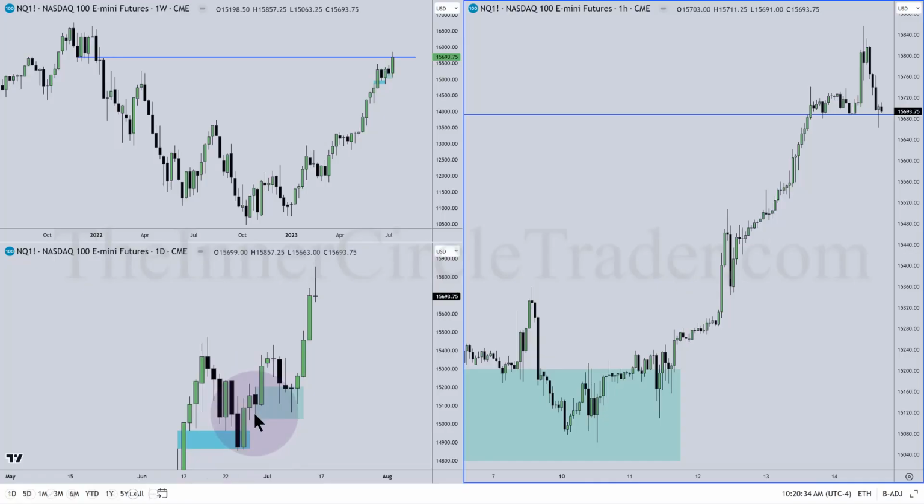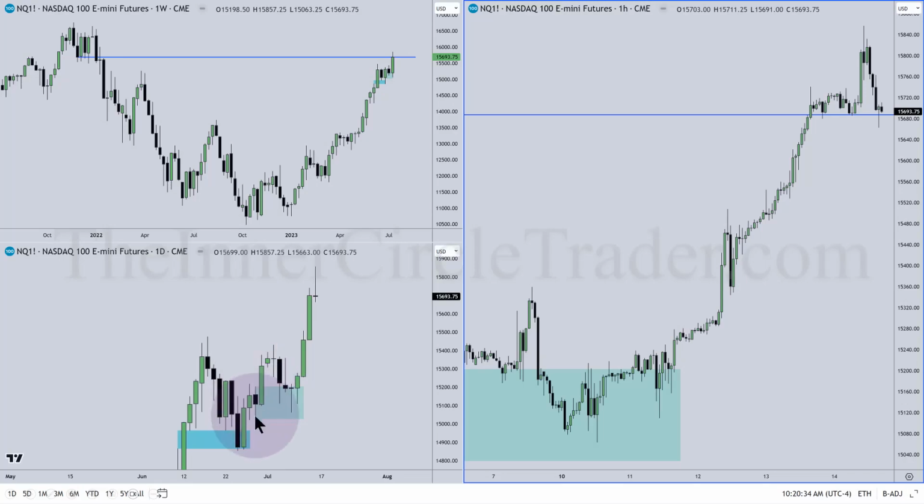Propulsion blocks are order blocks by themselves, but the way you differentiate what they are and how they're used is this down close candle digs into a previous down close candle. So an order block that has another order block that digs into it. Propulsion blocks, you never want to see a closing price below mean threshold.